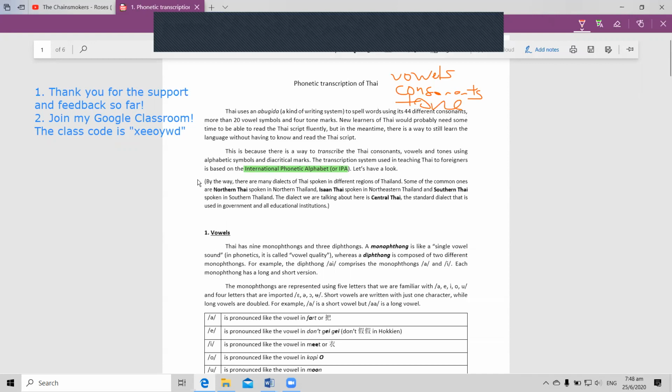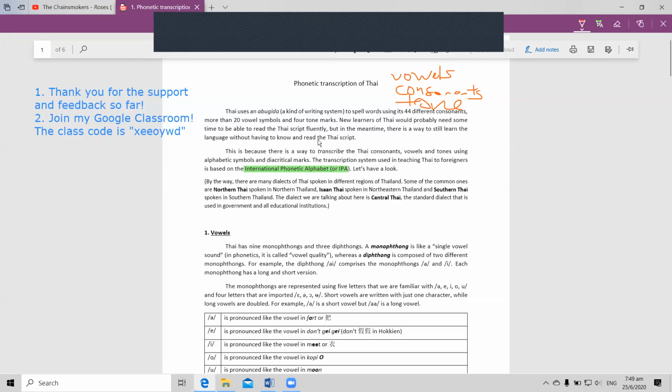But before that, let me just clarify what I mean by Thai. What kind of Thai am I teaching you? All right. So Thai, like Chinese, has many different dialects. The Chinese language has Hokkien, Cantonese, Hainanese, Teochew, Hakka, etc. Thai is also a language that has many dialects.